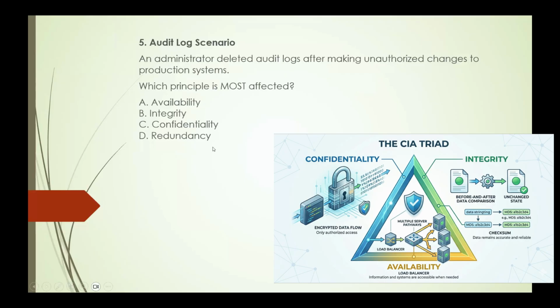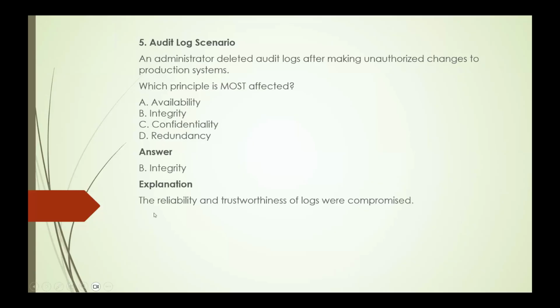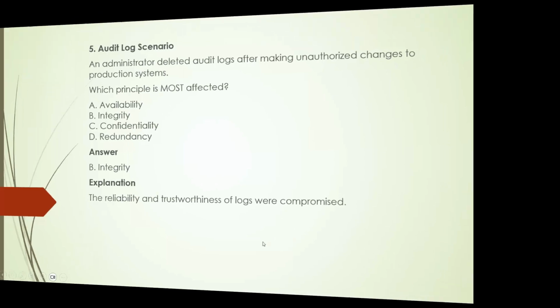Redundancy is also not affected. So let's decide between A and B. Because audit logs can no longer be trusted since unauthorized access happened, here we consider the answer as B, integrity. The reliability and trustworthiness of the logs were compromised in this scenario.